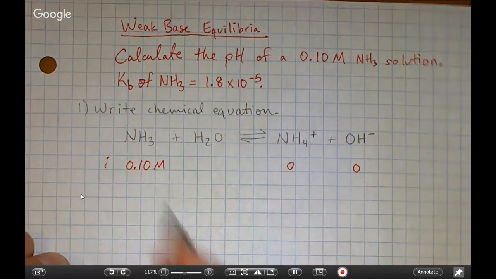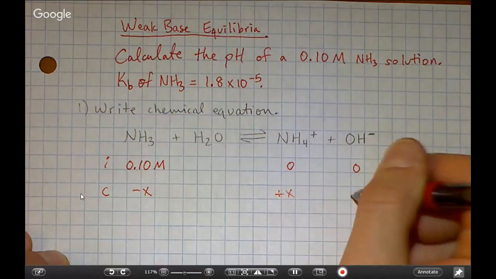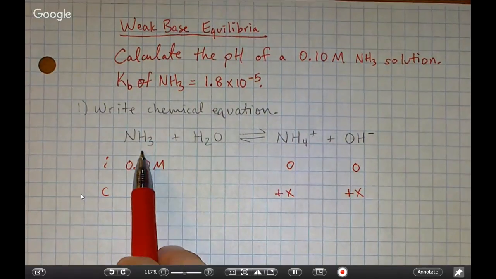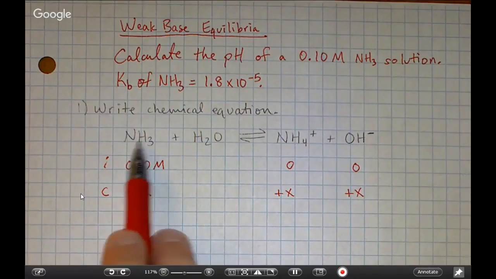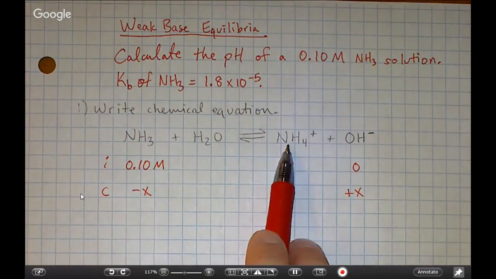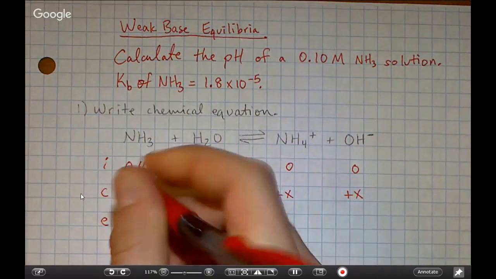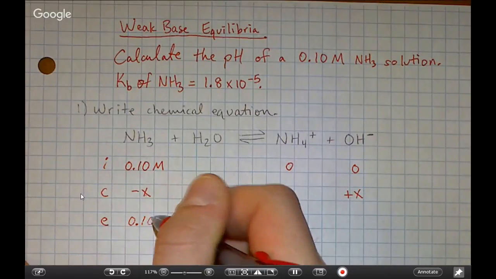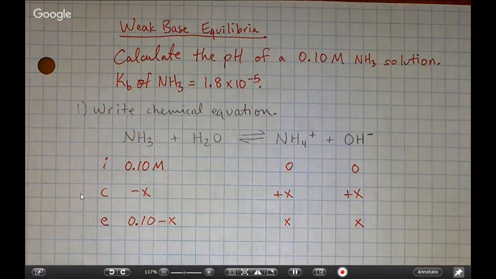And then after we put it in water, we undergo a change where we're subtracting some amount on the reactant side and we add that amount to the right, because the idea is that ammonia is reacting with water, and so there's some amount of ammonia we lose and we gain the same amount for each of the ions. Okay. So then at equilibrium, our concentrations are as follows: 0.10 minus X, X, and X.